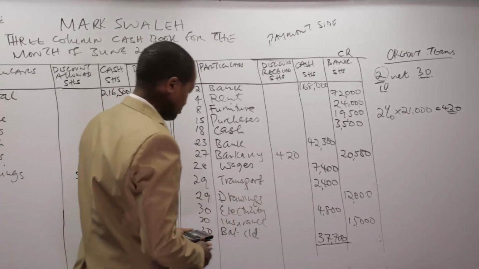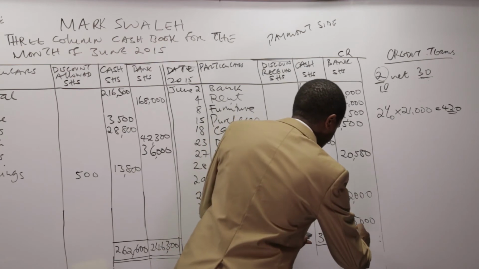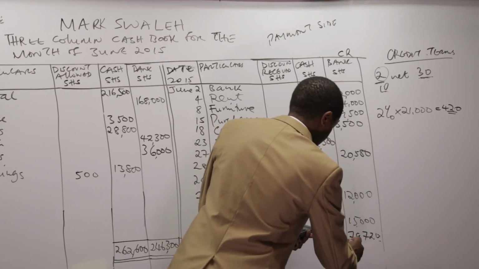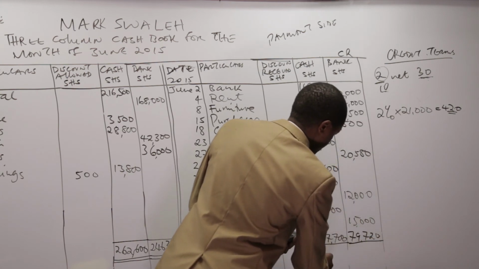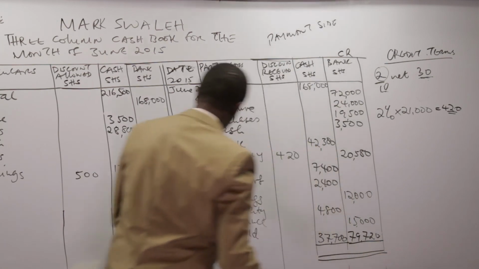So the balance in the bank, the money in the bank, is 79,720. That's the balance in the bank. So we have balanced off.